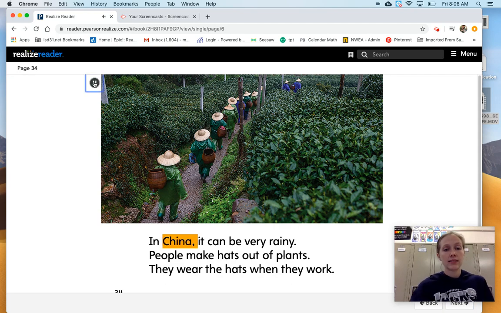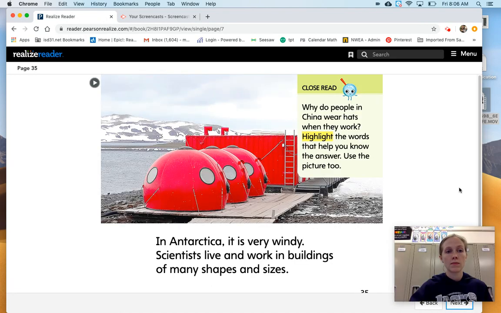In China, it can be very rainy. People make hats out of plants. They wear the hats when they work. In Antarctica, it is very windy. Scientists live and work in buildings of many shapes and sizes. Close read.